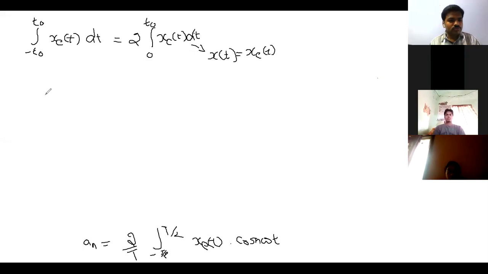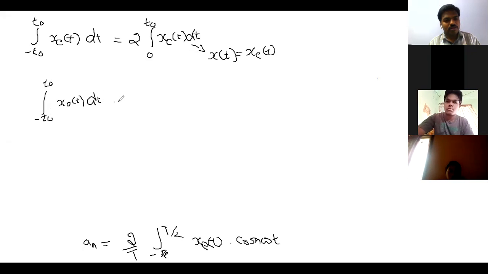Suppose from minus T naught to plus T naught, what is x naught of t? That is equal to 0.